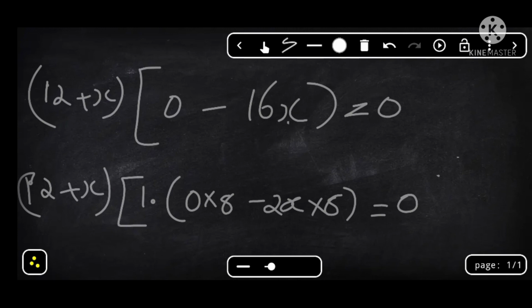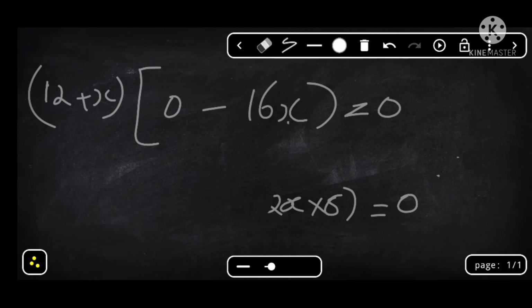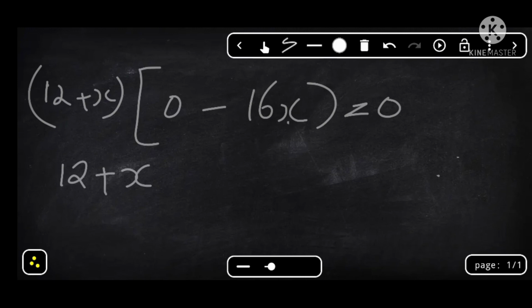So now 12 plus x into minus 16x, right, equal to 0.